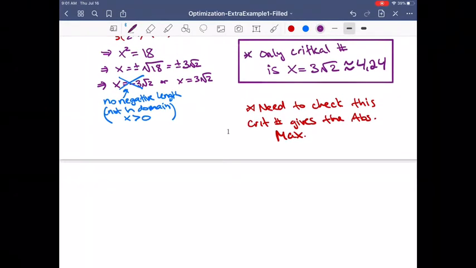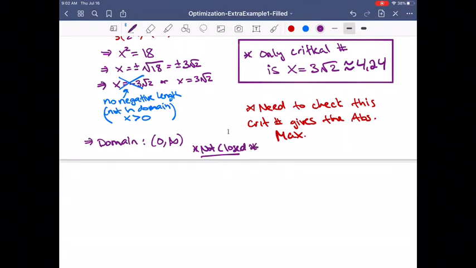There's only one critical number. Our domain, we think, is x bigger than 0, so the interval we're working on is 0 to infinity. This is not closed, so the extreme value theorem does not apply. We have an open interval, but only one critical number, so we can use the critical point theorem.